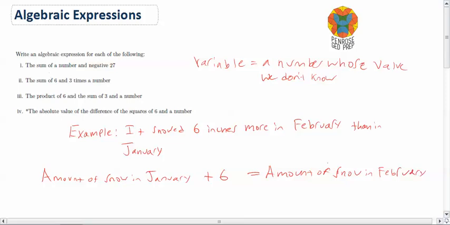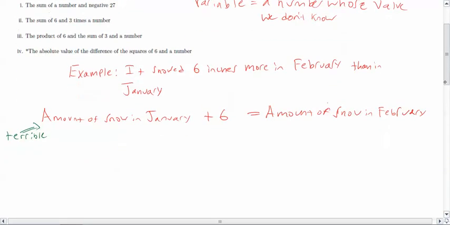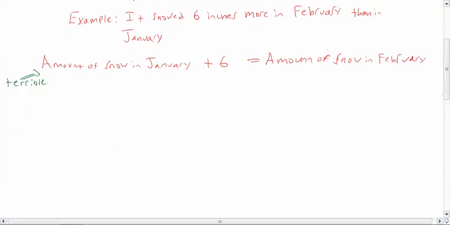And this is absolutely terrible to write. It's long, it's clunky, it's hard to read and understand. No one would use this. But we can make it a lot easier to read and a lot shorter if we just represent this whole annoying mess of words by the letter J, which stands for January.